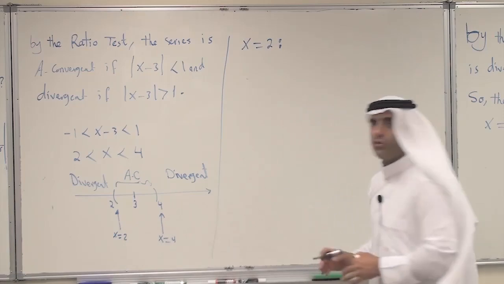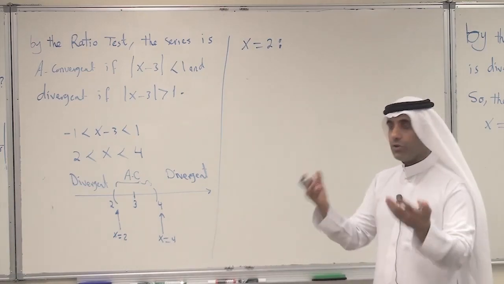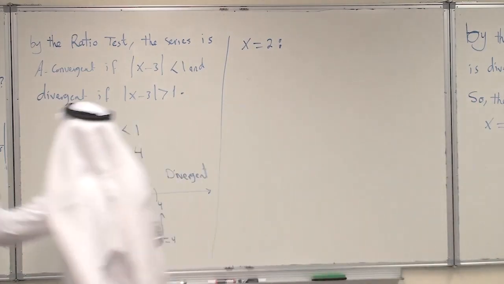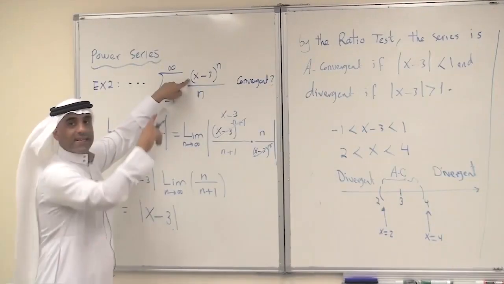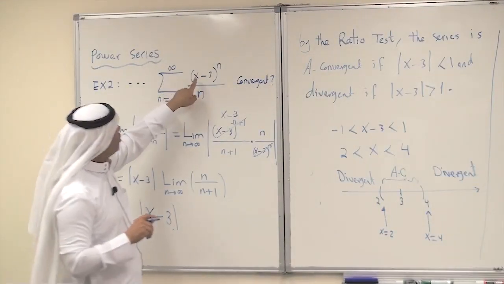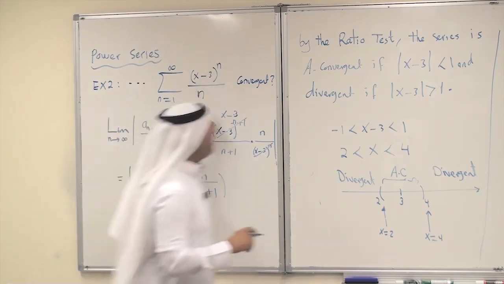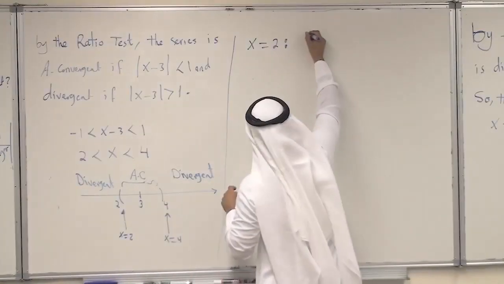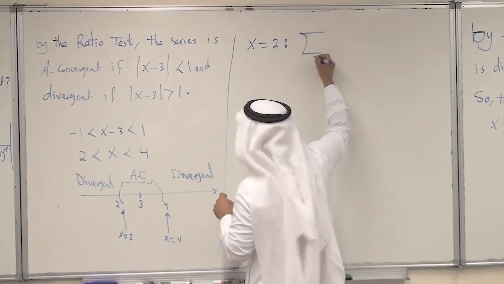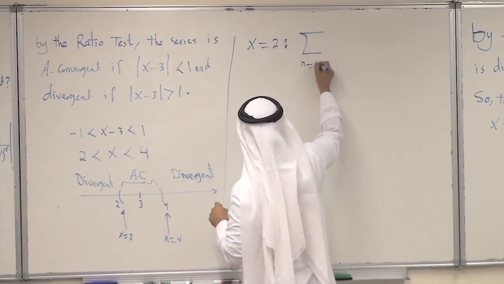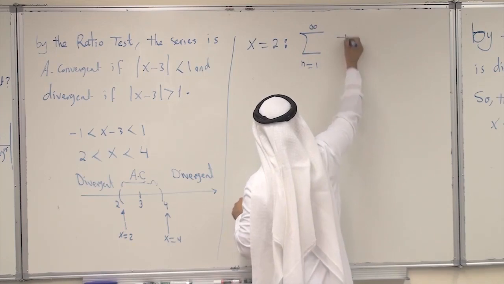Then I will take x equal to 4, study it also, and conclude something about the series. So let's discuss the case where x equal to 2. 2 minus 3 is minus 1. So the series obtained if we substitute x equal to 2 is the sum, n equal to 1 up to infinity, of (minus 1) to the n over n. We got this.